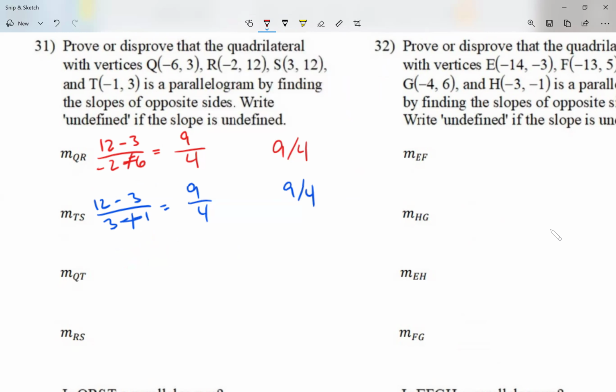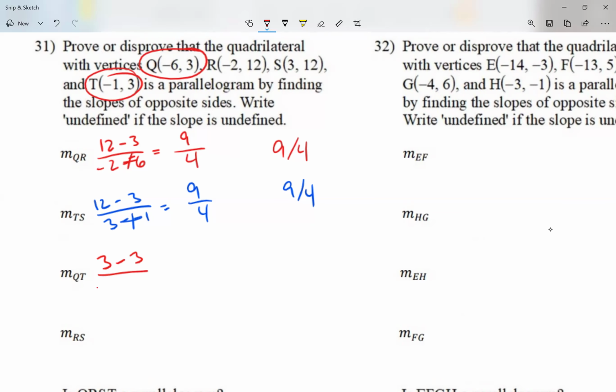So the slope of the points QT. I'm looking at the coordinates of Q and T, and I'm going to say T is my second point. So my values are coming from T, okay? On the top, subtract the y's, right? 3 minus 3.